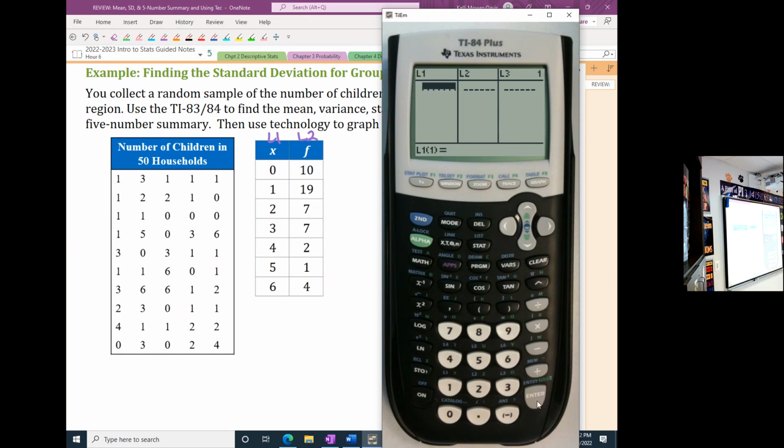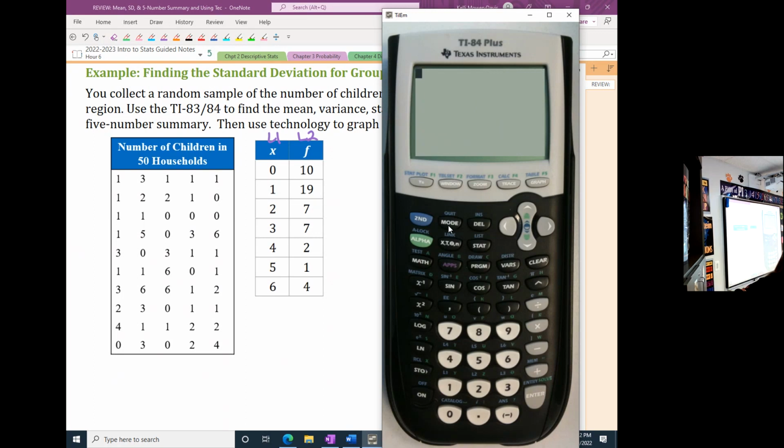All right, so I'm going to load up with our X data, which is the number of kids in a household, which is 0 to 6. And then in the second column, I'm going to put those frequencies in there. So 10, 19, 7, 7, 2, 1, 4. Quit out of there.